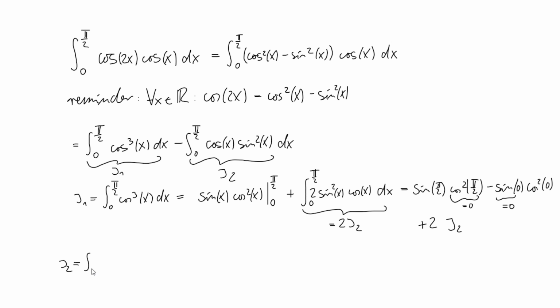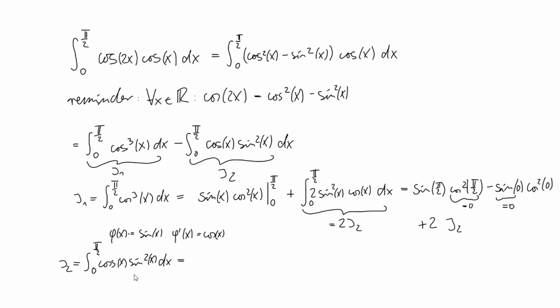and we will do this by substitution. So we have the integral of cosine of x times sine squared of x. And as I already mentioned, we want to substitute sine of x. So we have phi of x supposed to be sine of x. Then we have phi prime of x is cosine of x.